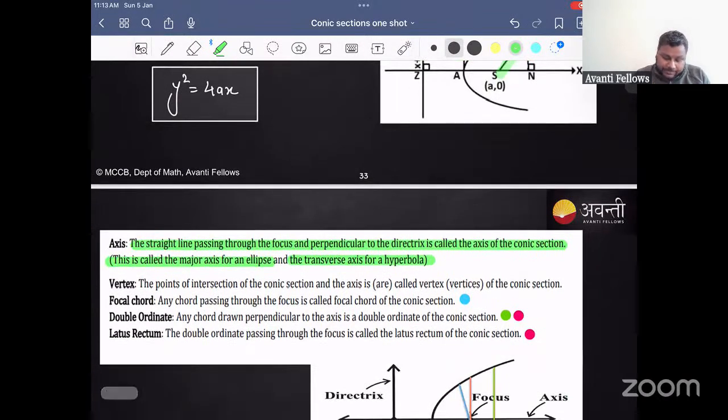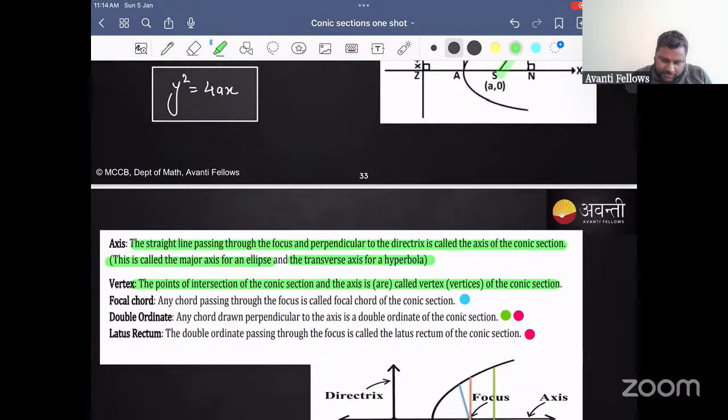Now vertex: the point of intersection of the conic section with the axis is called the vertex or vertices of the conic. This holds across parabola, ellipse, hyperbola, everywhere. Points where the axis of symmetry intersects the conic are called vertices of the conic.